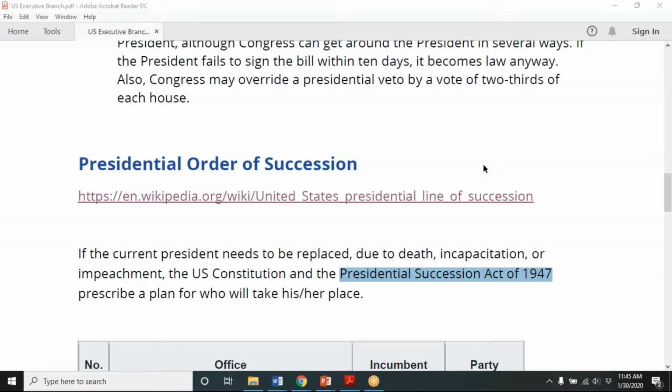Even before this law of 1947, if the president dies in office, we've had somebody die of natural causes. We've had a couple of presidents be assassinated, shot, killed in office. Who then becomes president?